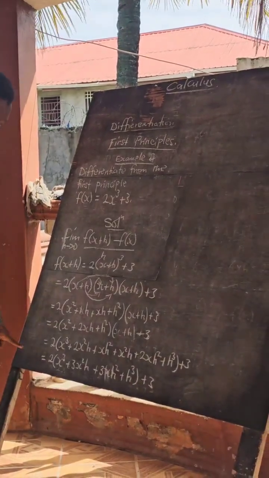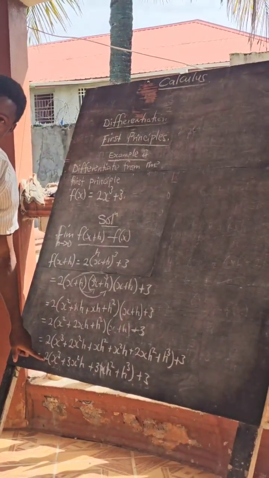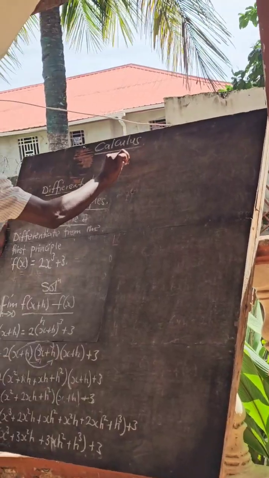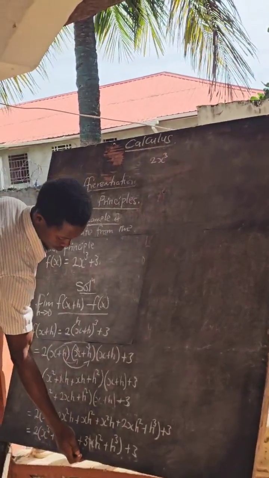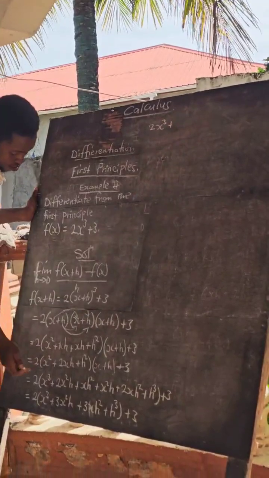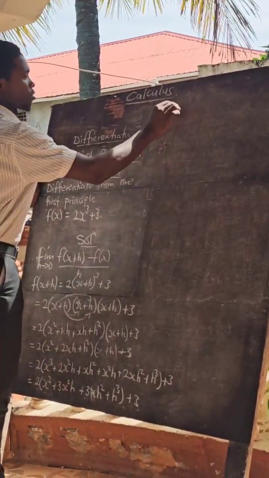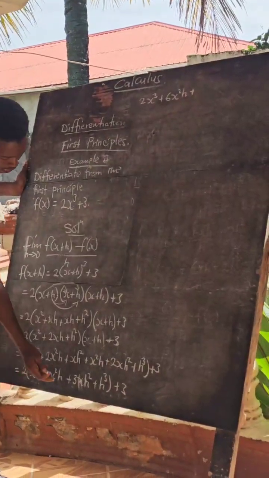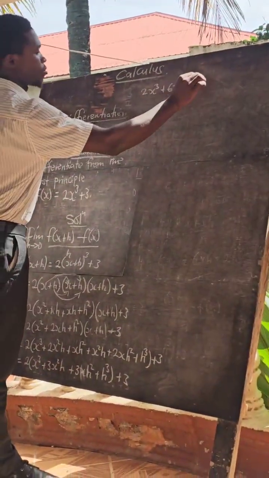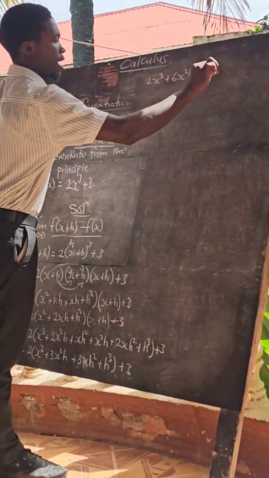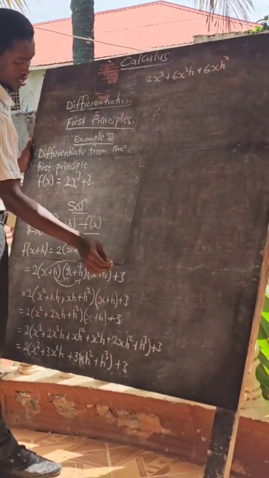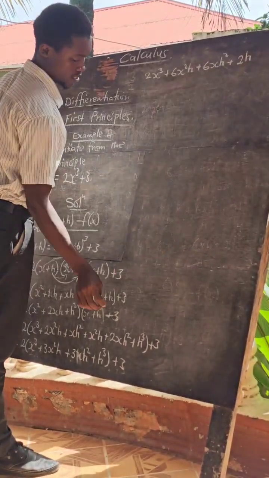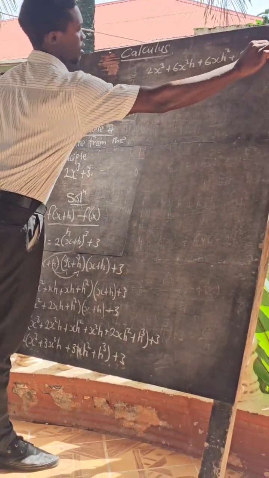So now we can multiply everything by these 2. So 2 times x cubed gives us 2x cubed, plus 2 times 3x squared h gives 6x squared h, plus 2 times 3xh squared gives 6xh squared, and then plus 2h cubed and then plus 3.